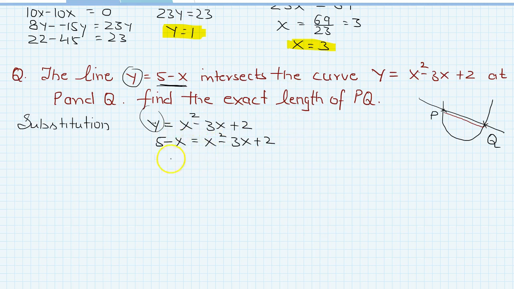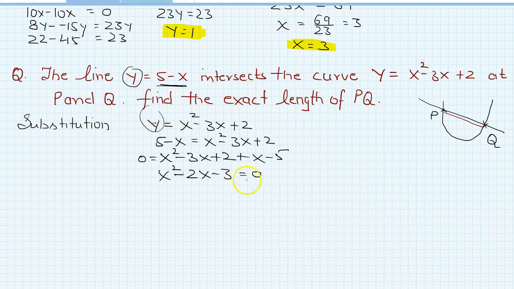So let's take it this side. So x square minus 3x plus 2, this minus x will become plus x and this 5 will become minus 5. So the equation will become x square minus 3x plus x is minus 2x, 2 minus 5 is minus 3, is equal to 0.